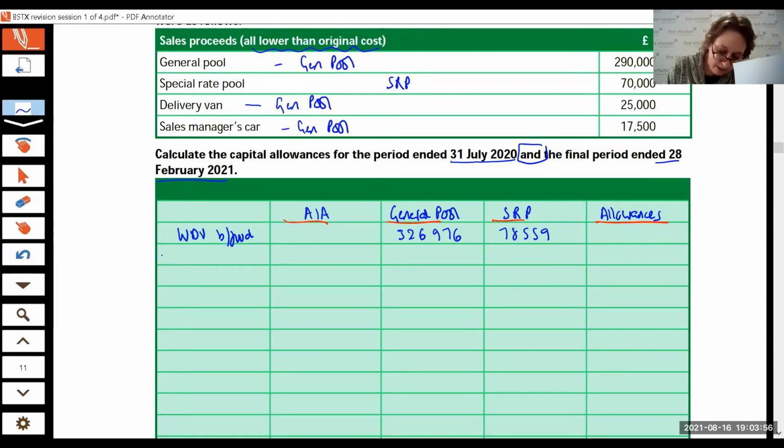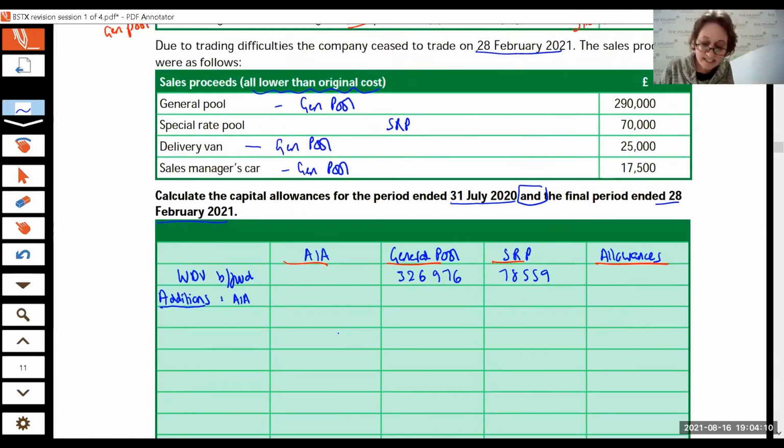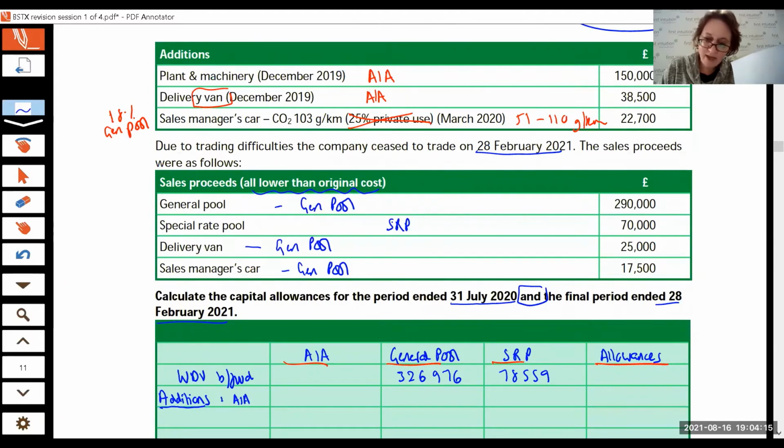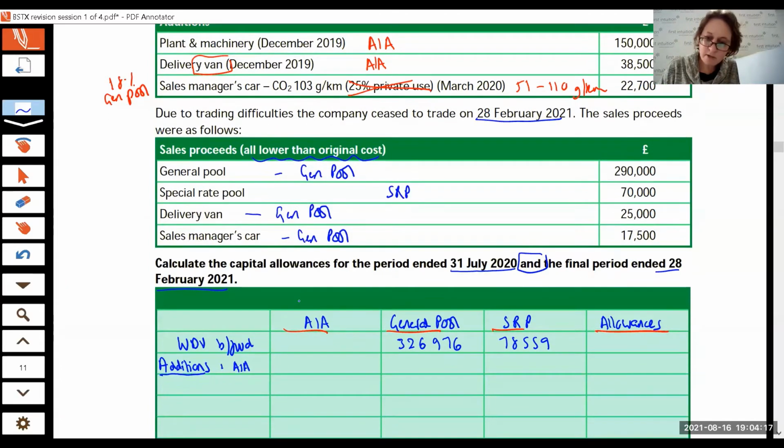Remember what I said about them though. I want to split them into 2 categories. I want my additions that qualify for AIA in one little category, and then my additions that don't in a separate category. So we've already decided, which was quite good of us as we went along, which ones qualified for AIA. I'm not just going to add them all together.